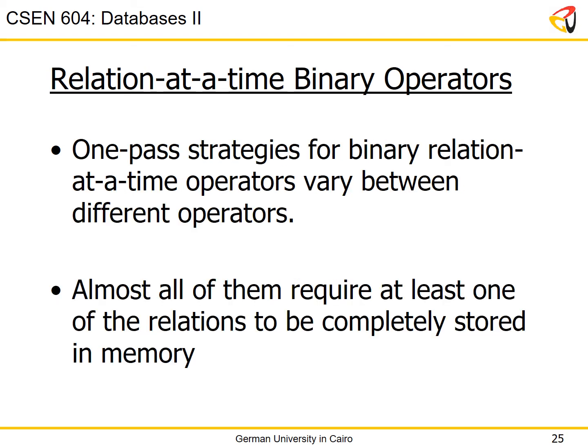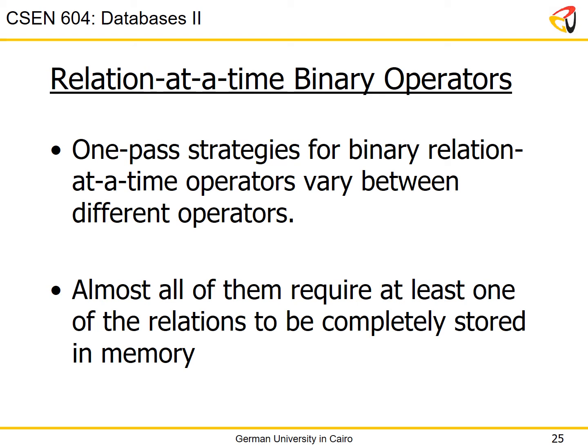Now, the third type, if we classify them by input, are binary operators. Obviously, you should already be thinking of this. I mentioned it before: join is a binary operator. But this is not the only binary operator we have in the database world. Now the question is, can we fit it in memory or not?